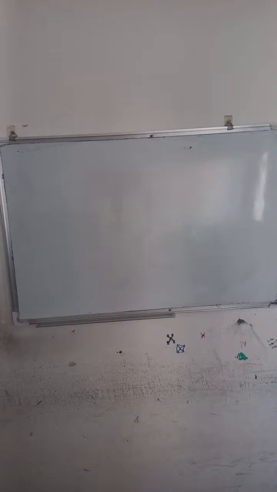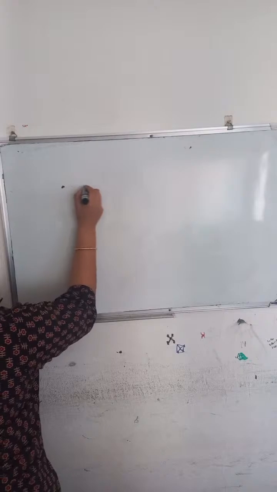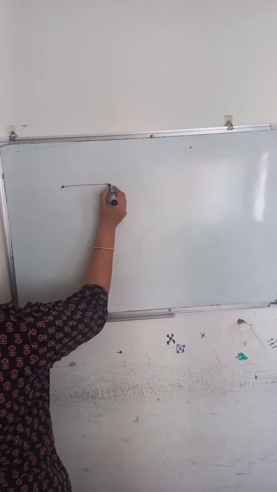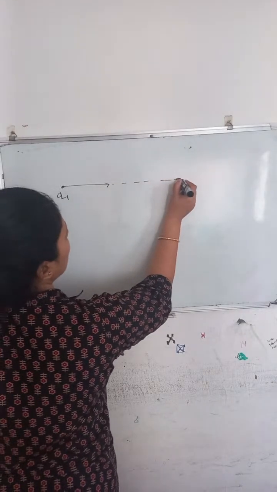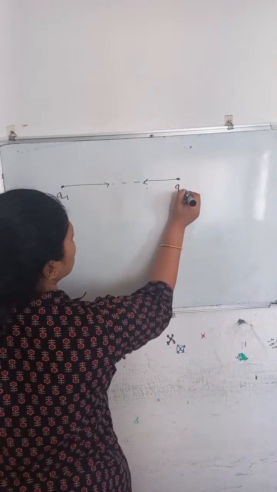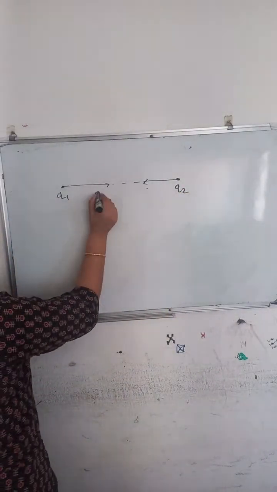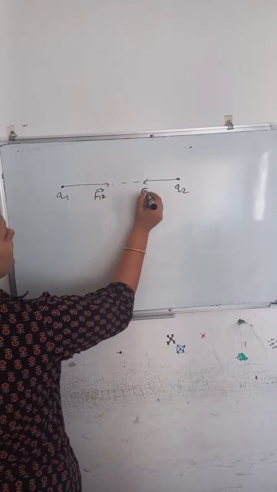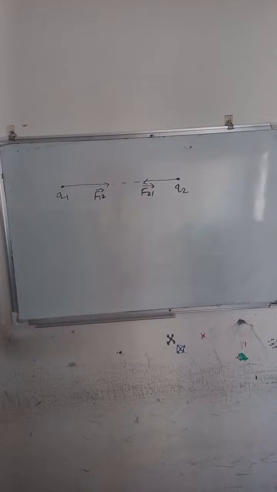So the figure is given. This is Q1, this is Q2. Okay, F12 bar and F21 bar. This is the figure given.